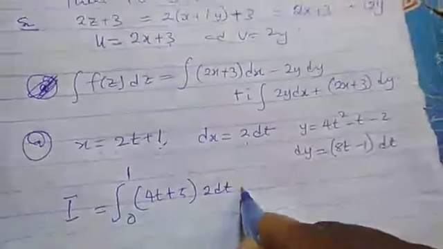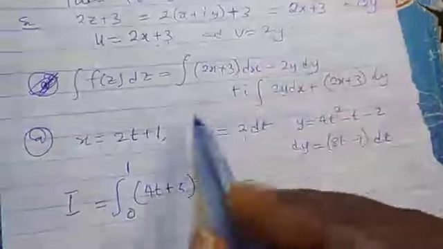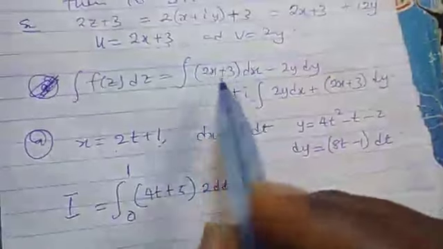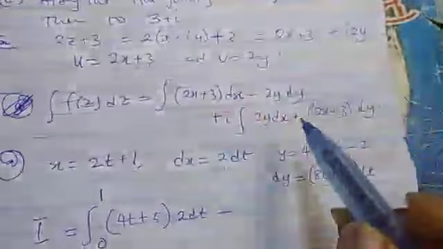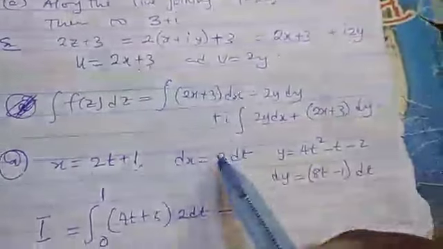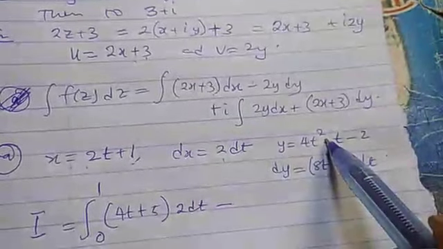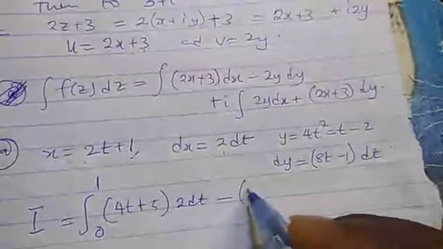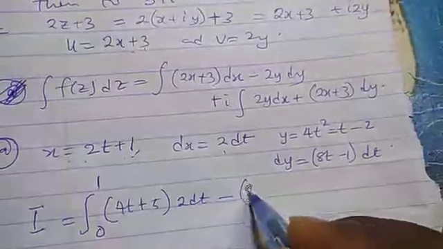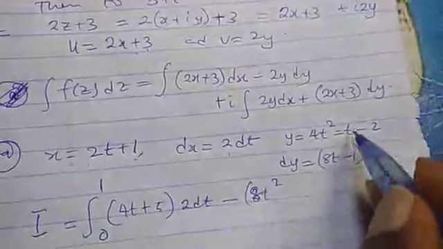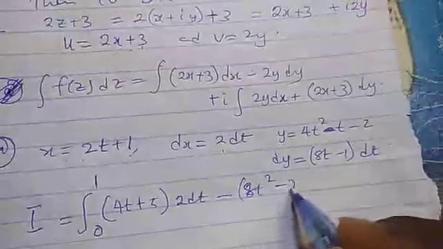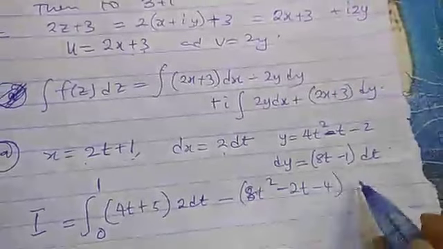2 dt minus 2y. Our y is this, so 2y is 2 times this, that is 8t squared minus 2t minus 4.